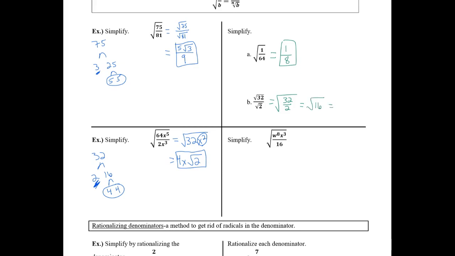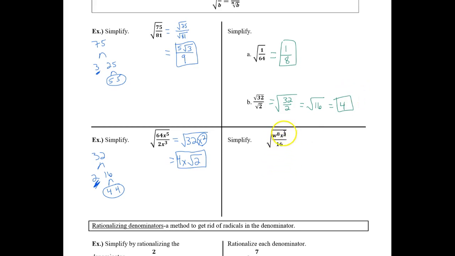Square root of 16 is 4, which is much nicer than what it looked like before, right? So if we have a fraction that we can simplify, you should try to simplify it or bring them together under the same radical and then simplify and then take the square root.